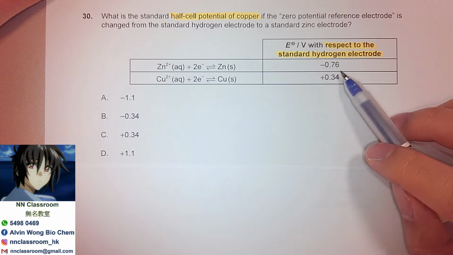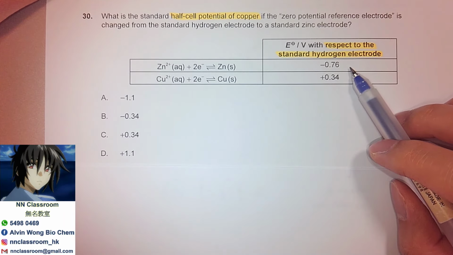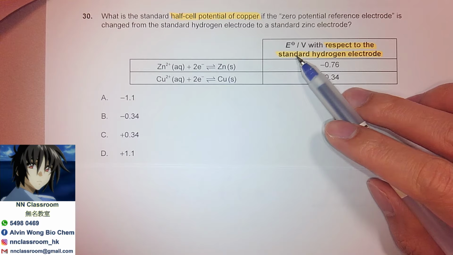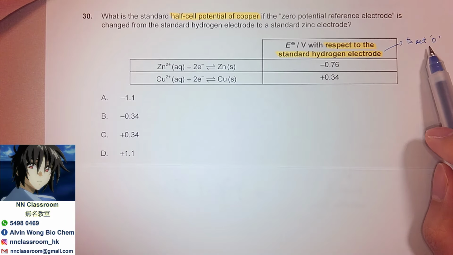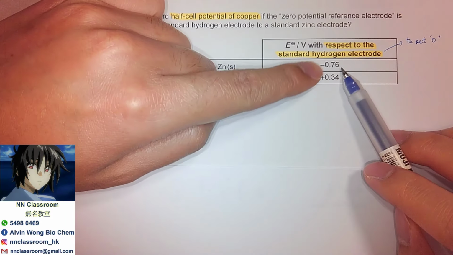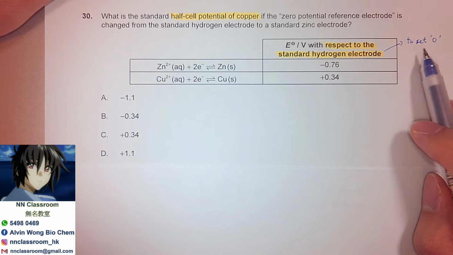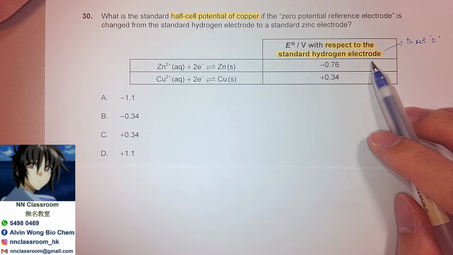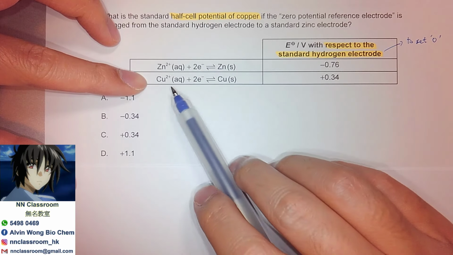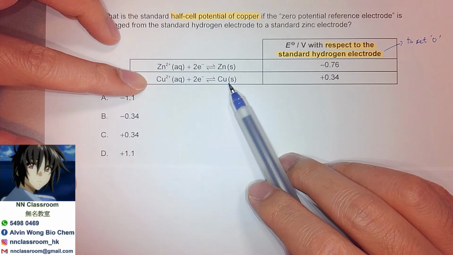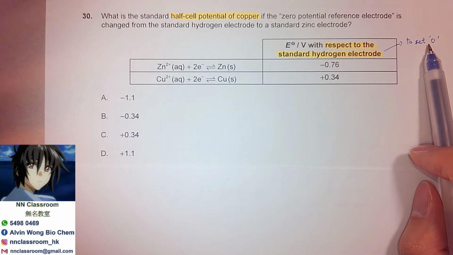So in short, these numbers are on top of a reference. The reference is using the hydrogen electrode as 0, right? Anything we set as reference is going to be set as 0. So that's why these numbers are on behalf of setting 0 from hydrogen, and that's why we have this positive 0.34 for expressing the copper electrode, because of hydrogen as 0.